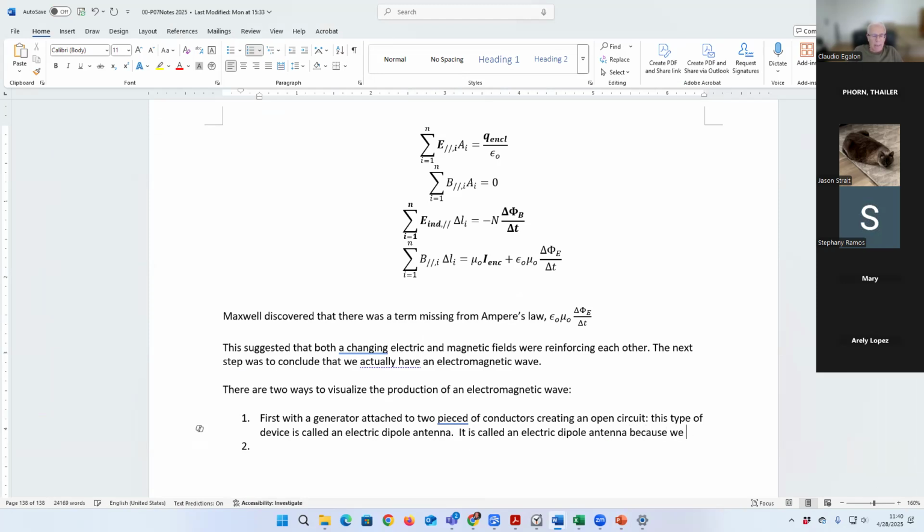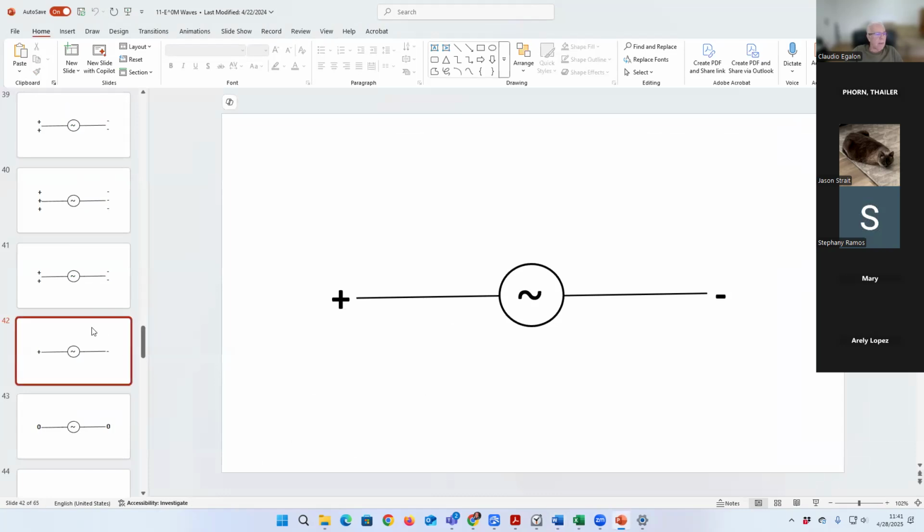because we have a charge distribution that reflects that of an electric dipole. Okay? And I'm going to copy and paste my electric dipole there. Here you go, my electric dipole here.